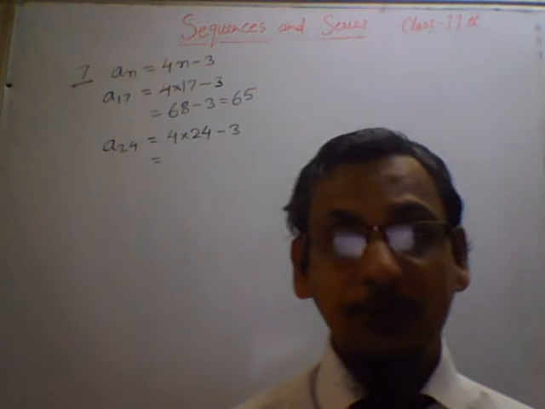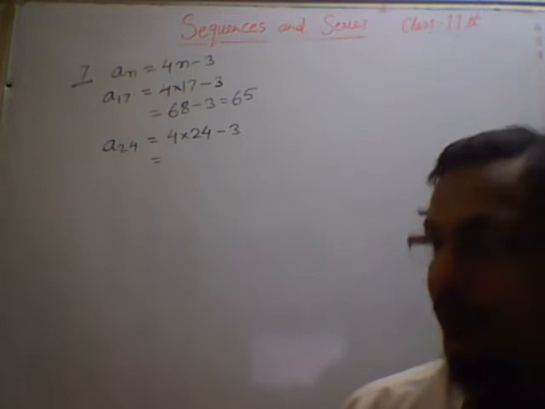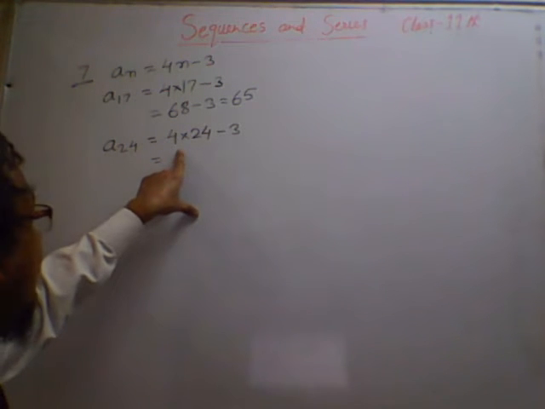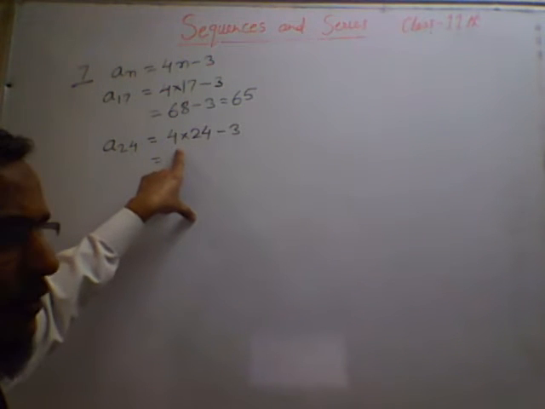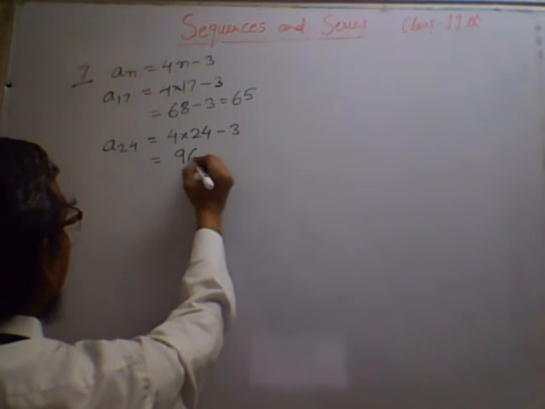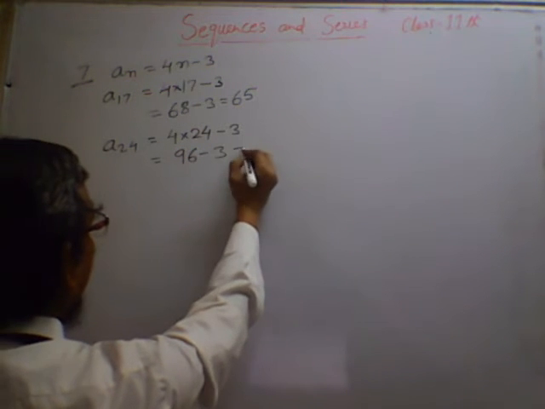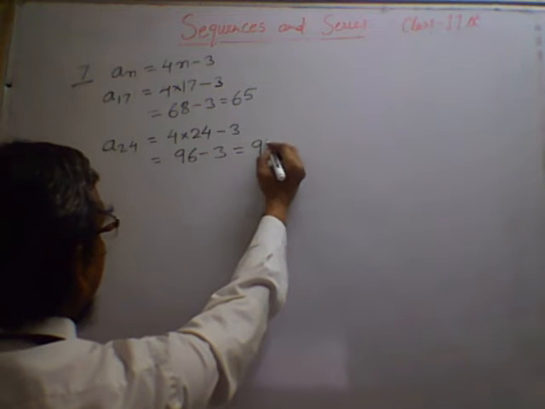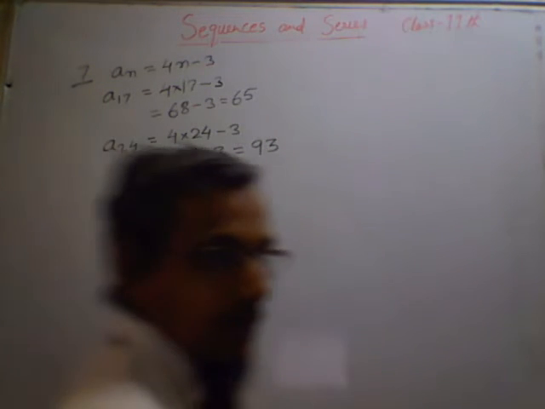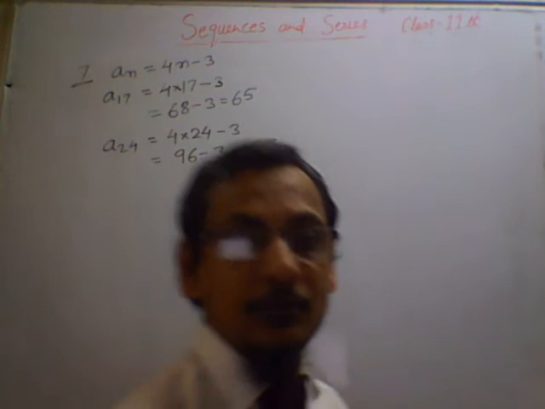I don't remember the table of 24, but I remember the table of 25. So if 4 times 25 is 100, then 4 times 24 should be 96. 96 minus 3 will be 93. Now we will move forward.